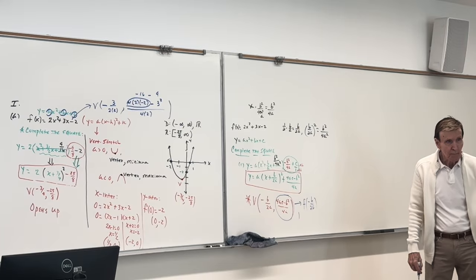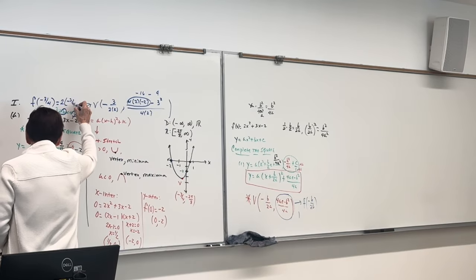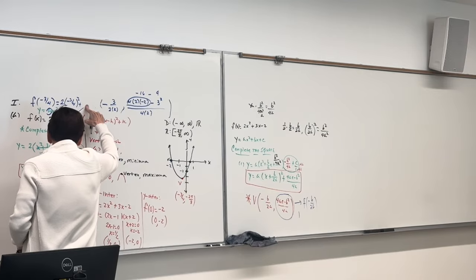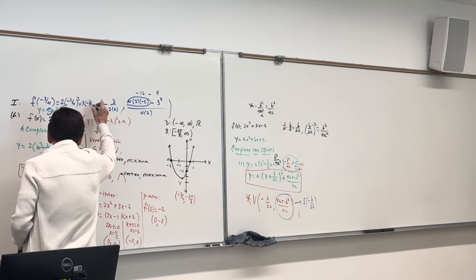F of, and guys, in my case, this is negative 3/4, so watch what happens here. Jonathan, you give me this: 2 times negative 3/4 squared, plus 3 times negative 3/4, and subtract 2. That's what the function would look like if I replaced x by negative 3/4.